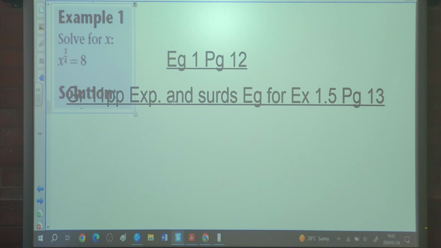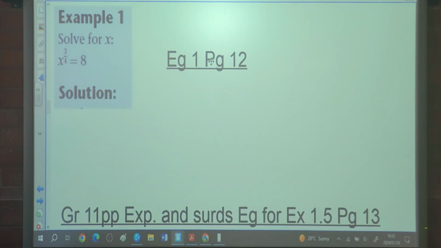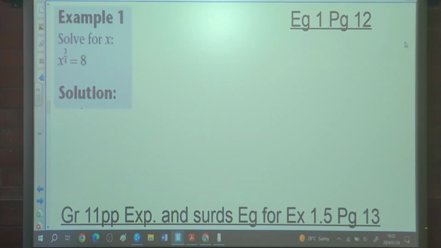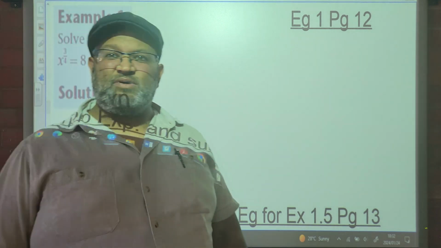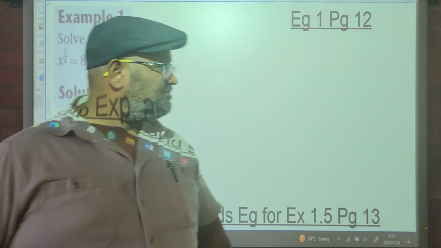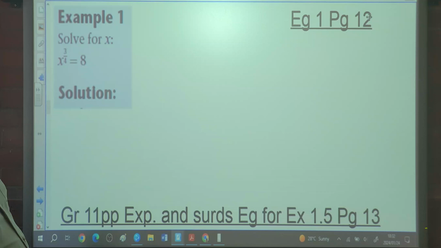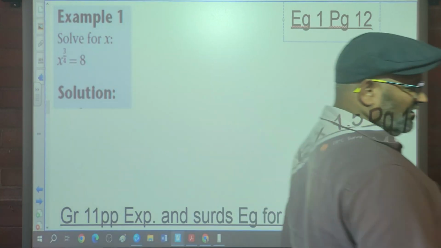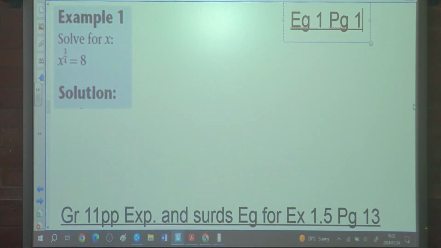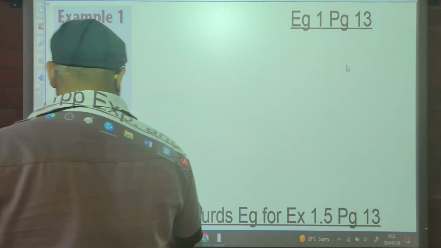So let's look at example 1, on page 30. The question says solve for x. We've got x to the exponent 3/4 is equal to 8.